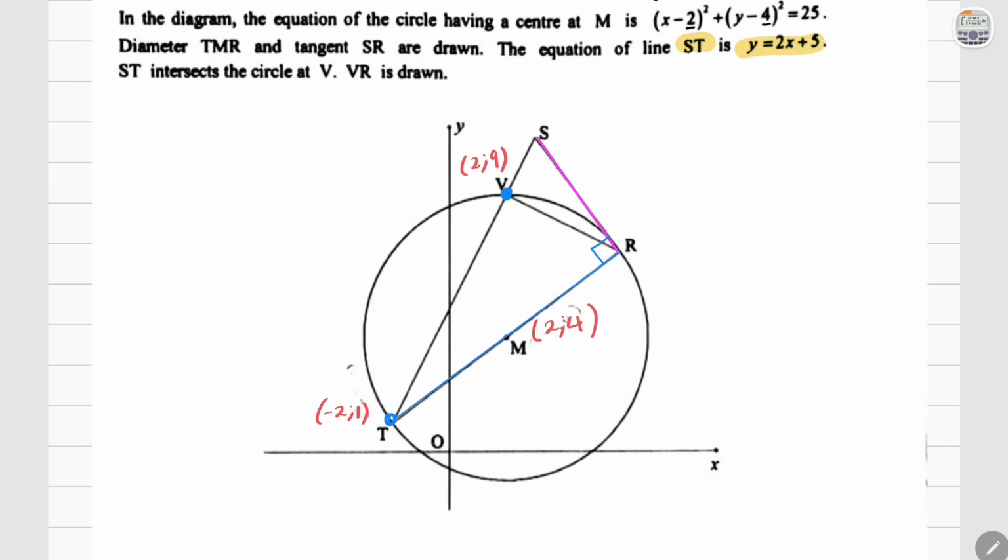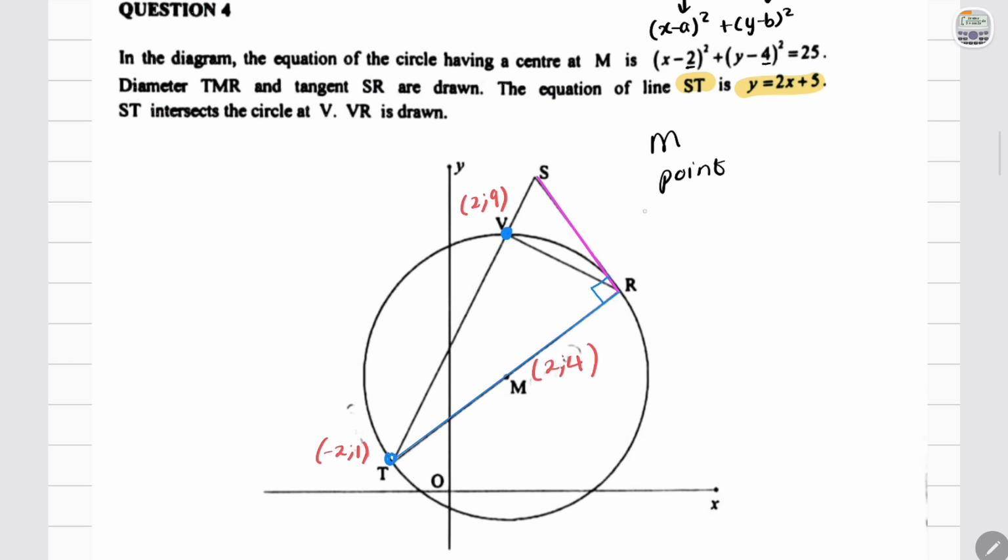So you see how you can find the gradient of line SR and then we can find its equation. But before finding that gradient, do you see that there's a point that we need? To find the equation of a line, you need its gradient, but you also need one point on the line so that you can find its y-intercept.